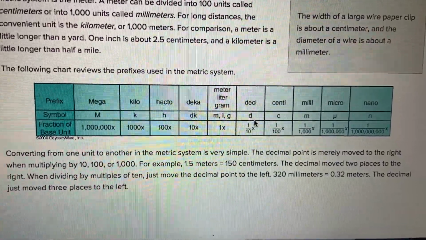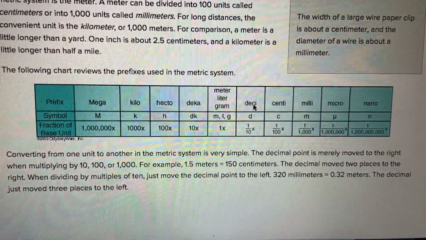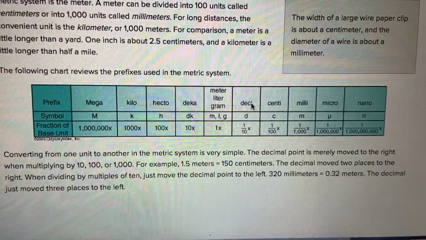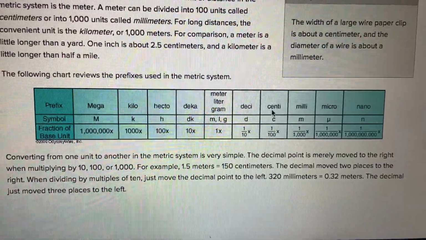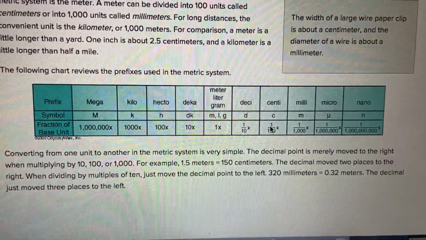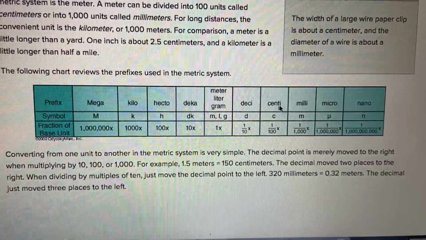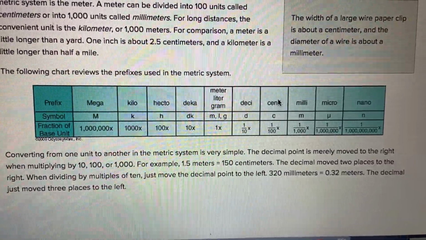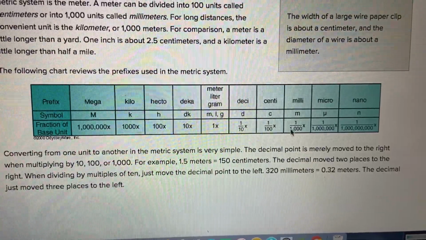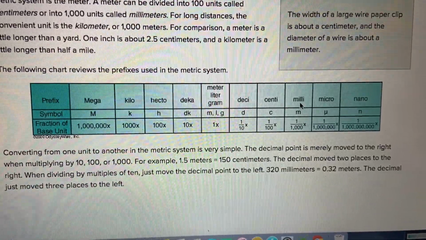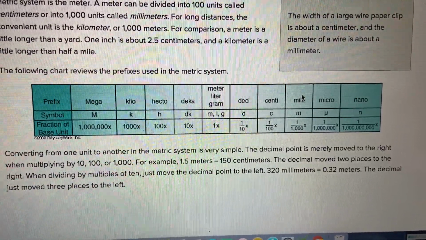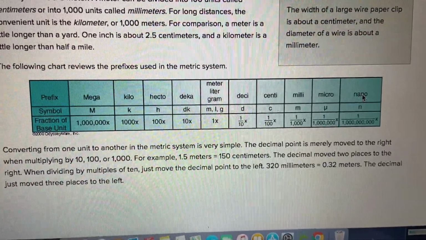But as a decimal, it's a 0.1. It's in the 10th place. A centimeter is 1/100th, which is expressed as a 0.01. A millimeter is a 1,000th, which is a 0.001, and then so forth.